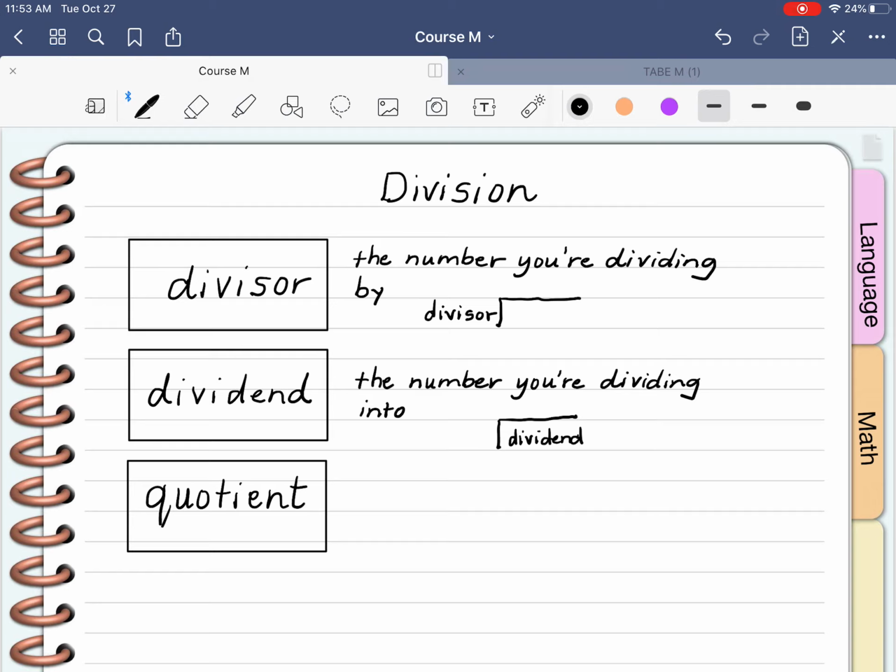And then the quotient is the answer to a division problem. So when you do a division problem, the quotient will be the number up here.